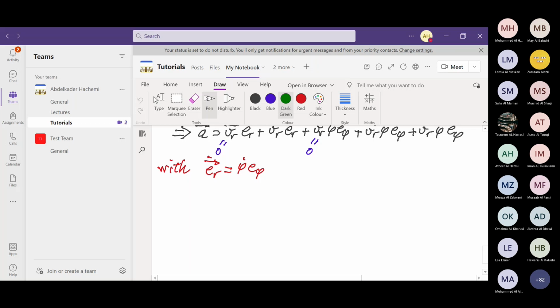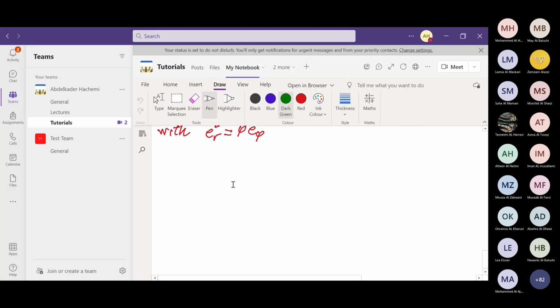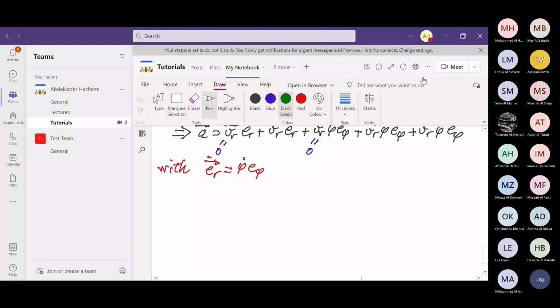You can wait, please, one moment. I have to check why the pencil is not working on the display.